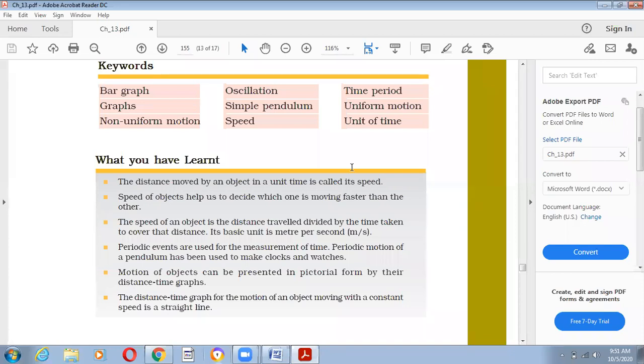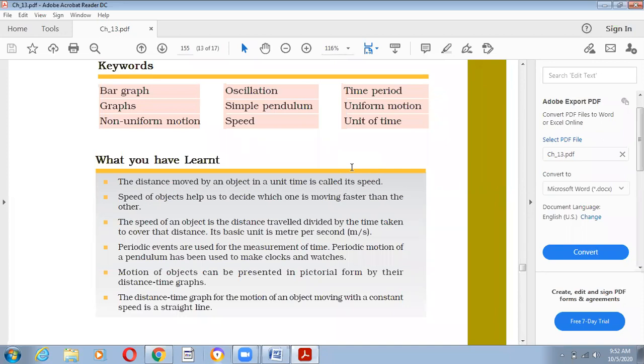Then oscillation, when the bob travels from A to B. What can we say about oscillation? Movement back and forth in a regular manner.